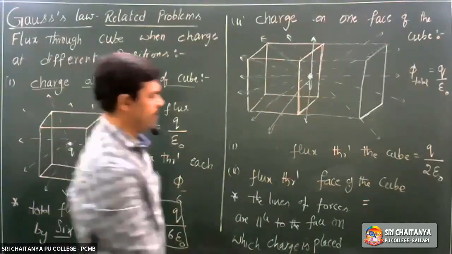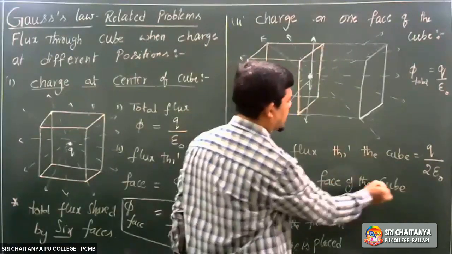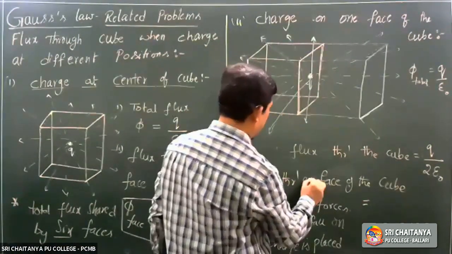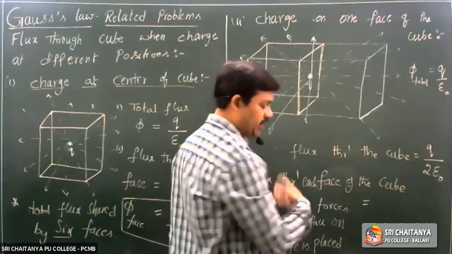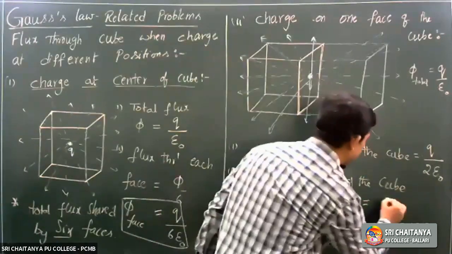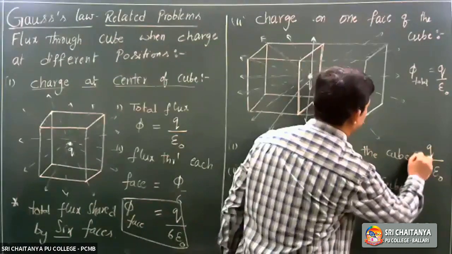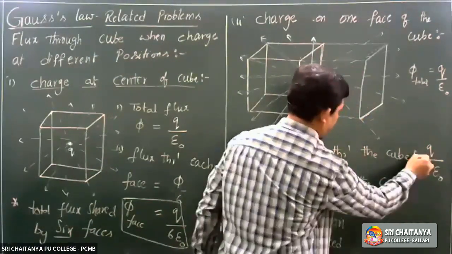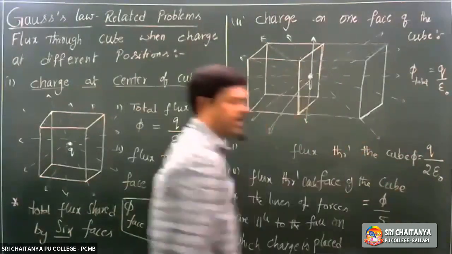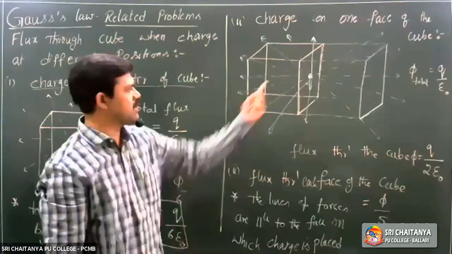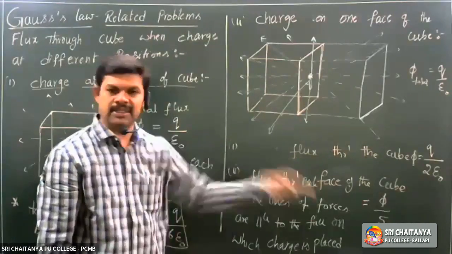Again, now flux through each face of the cube, the others through which it is passing. If I take this as phi, it is shared by how many faces? 5 faces. Remaining 5 faces.